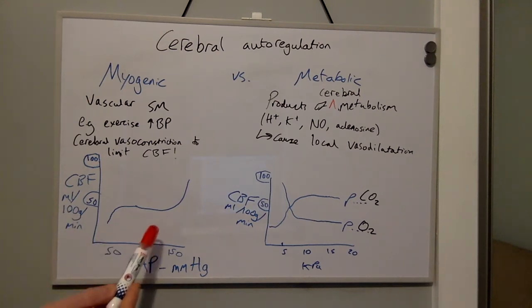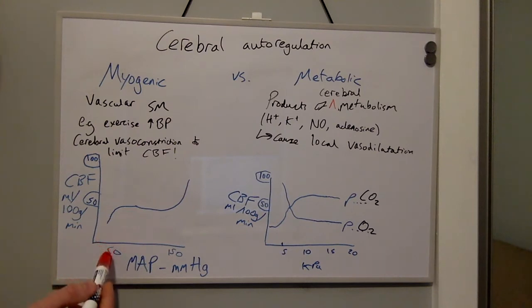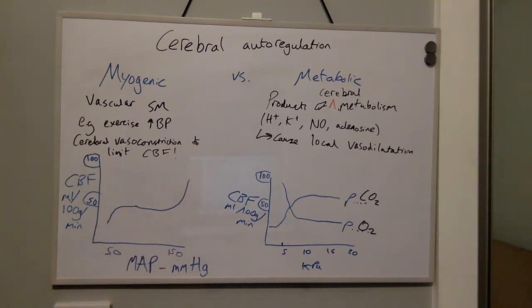Above and below this MAP of 50 and 150, we have a fall in the cerebral blood flow when there's a MAP less than 50, and an exponential increase in the cerebral blood flow with a MAP above 150.